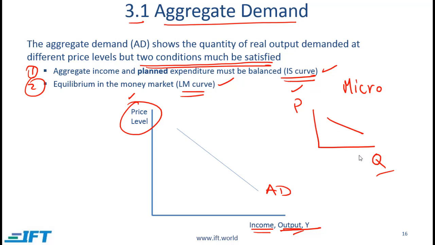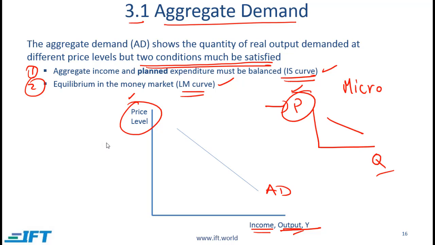On the surface, they look similar, but there are lots of differences. I will introduce the differences here, and then you will realize that the aggregate demand curve in macroeconomics is a lot more complicated. There is a lot going on behind this simple looking shape. For one, if we are talking about the market for oranges, then this is simply the price of oranges.